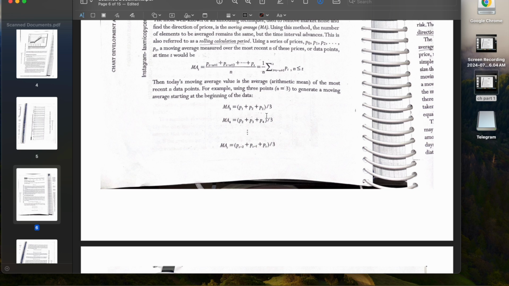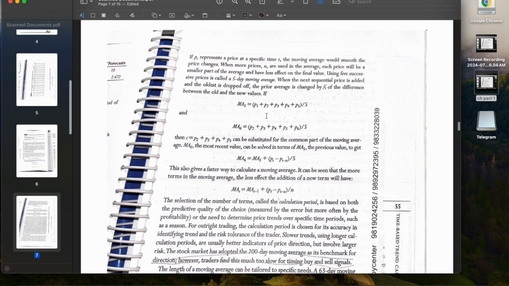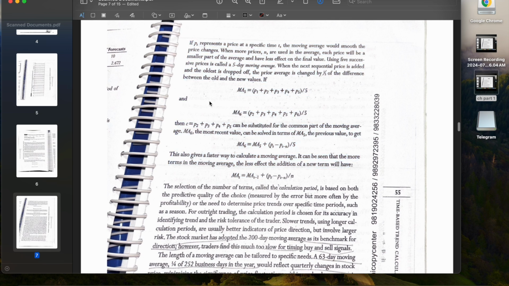However many points of data you are using, you divide by that. Don't get into the detail of it, it's pretty simple. You can pause the video and read this. The number of data points which we are using is going to be considered as n.